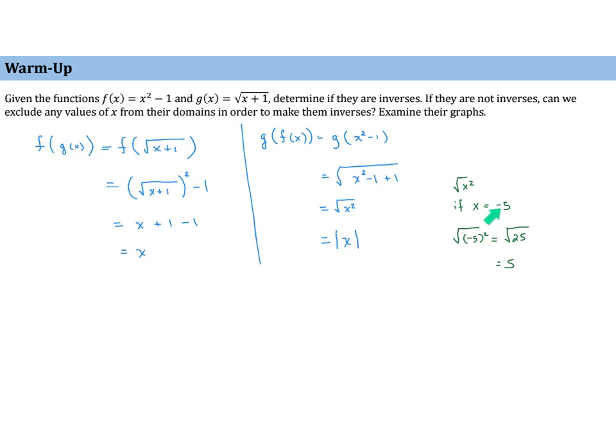So if we put in -5 into the square root of x squared, we get out +5. We're getting the absolute value of our input. So the square root of x squared is the absolute value of the input x. So notice the absolute value of x is not necessarily x. So therefore, f and g are not inverses.